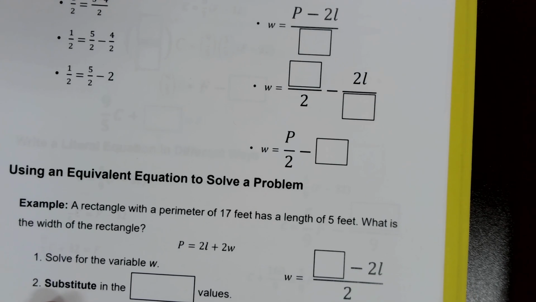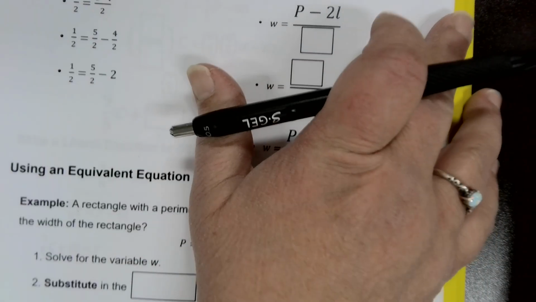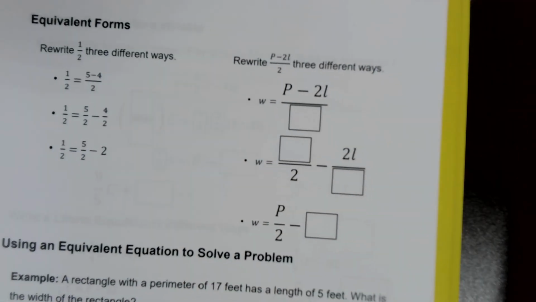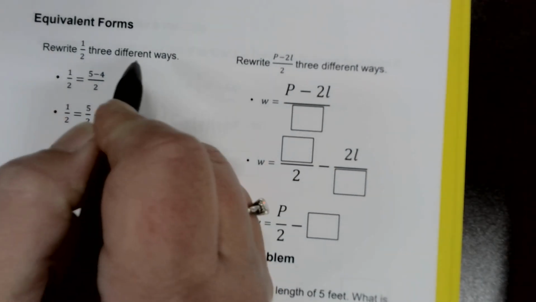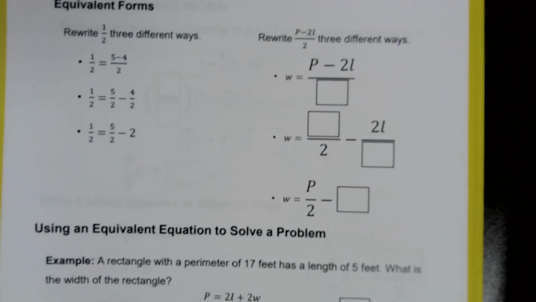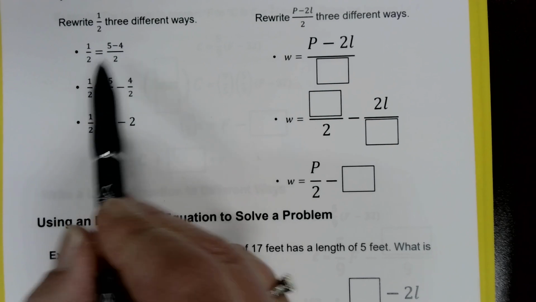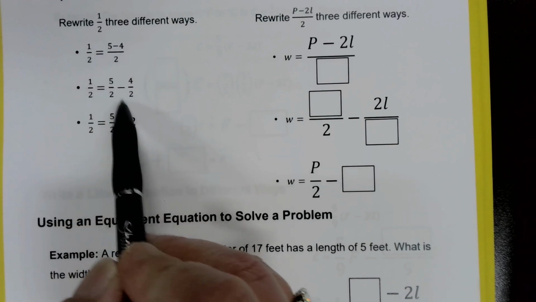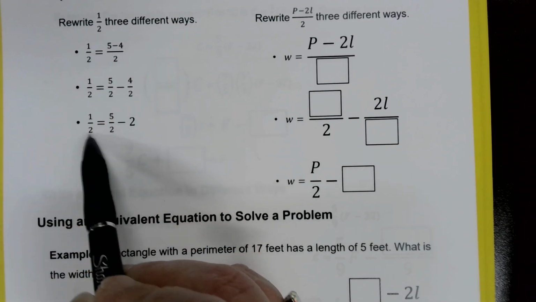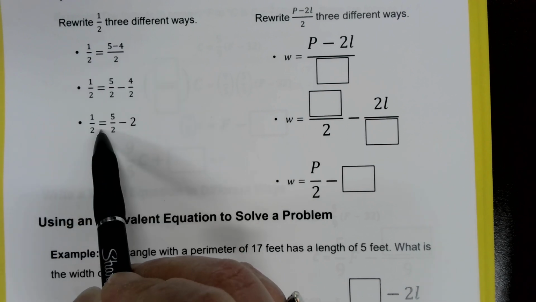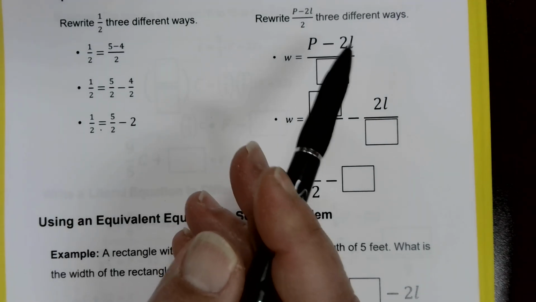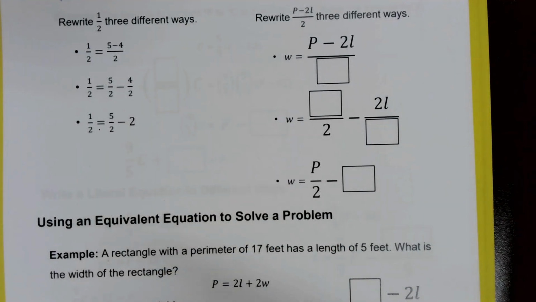Equivalent forms of an equation. Rewrite the formula 3 different ways. So this just shows you that just because it's written differently doesn't mean it's not equal, okay?